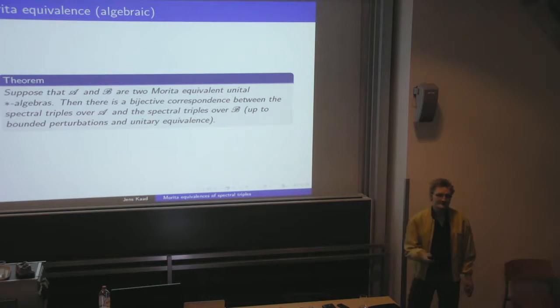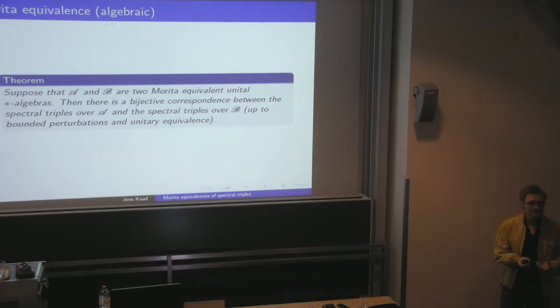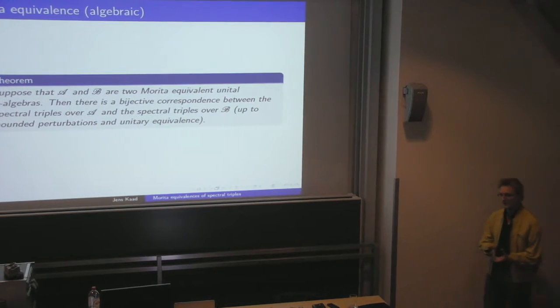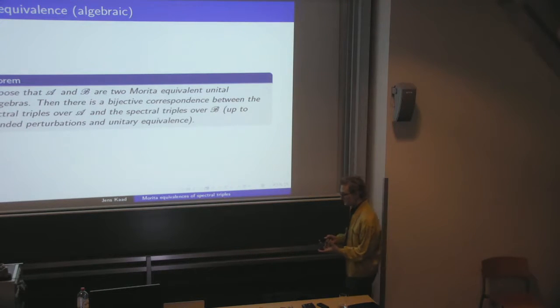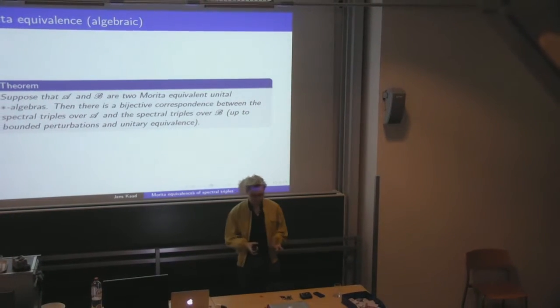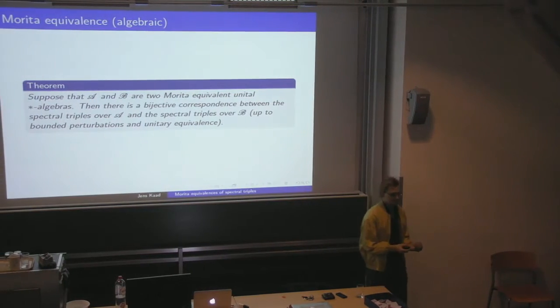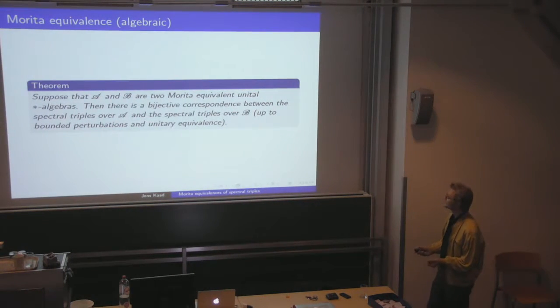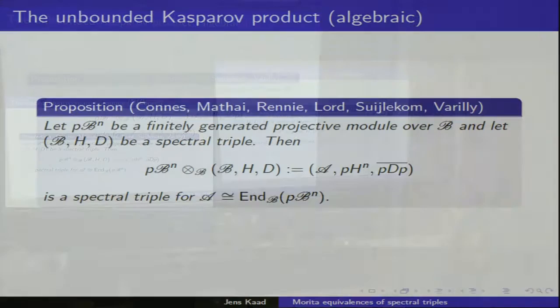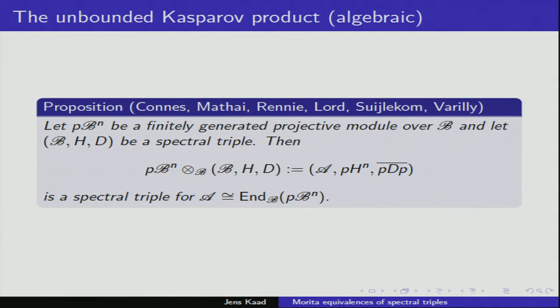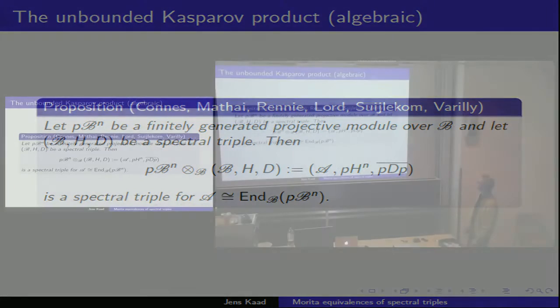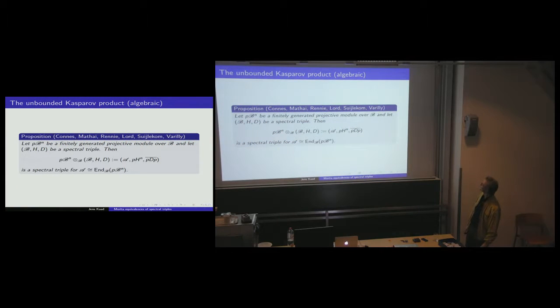All right. Moreover, this bijective correspondence is really going to be explicit. And it's given by the most simple version of the unbounded Kasparov product, which in this purely algebraic context is, I had to name quite a few people, Kahn and Mathai and Rennie and Lord and Van Zuylichem, and really, I think there are many people who have noticed this construction.